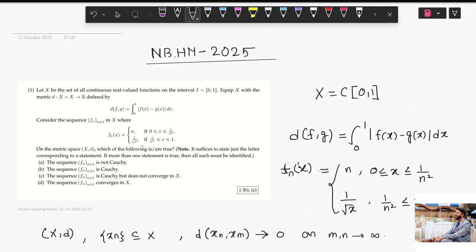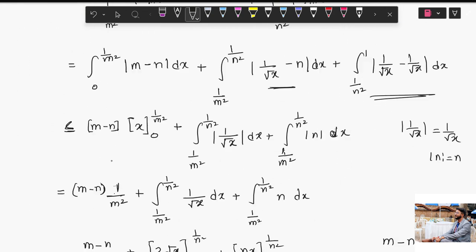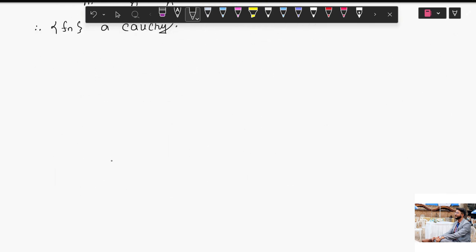Now we need to check whether this sequence is convergent or not. To check that, first we need to find out its pointwise limit. Now to find this pointwise limit, note that if we choose a value x from the interval open 0 close 1, by the Archimedean property we can always find a natural number n such that 1 over n square is lesser than x.